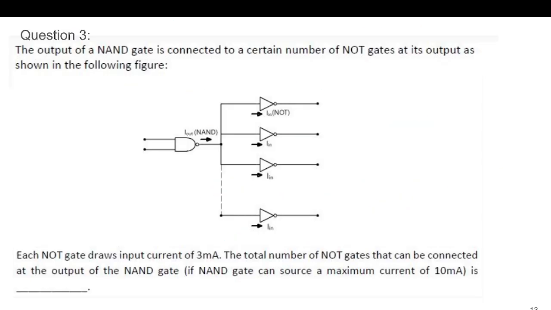So now we have given that the non-relates will draw a current of 3 milliamps, and the current that can be sourced from here is 10 milliampere. Can you see what will be the fan out?